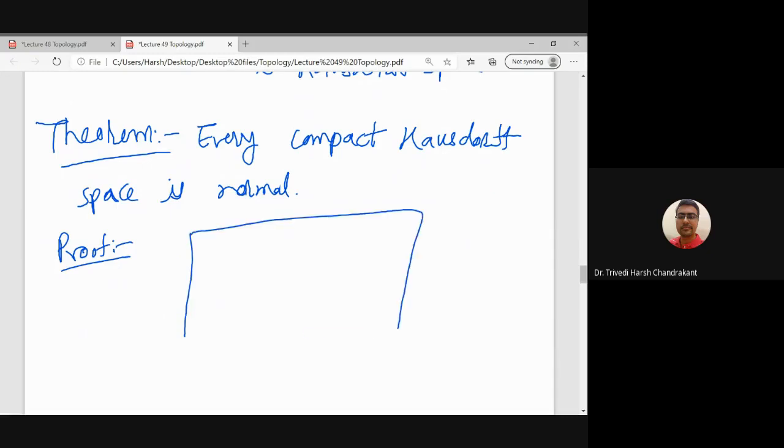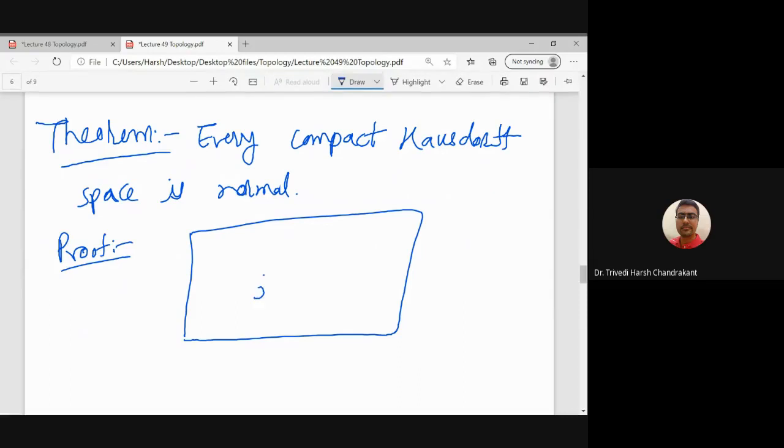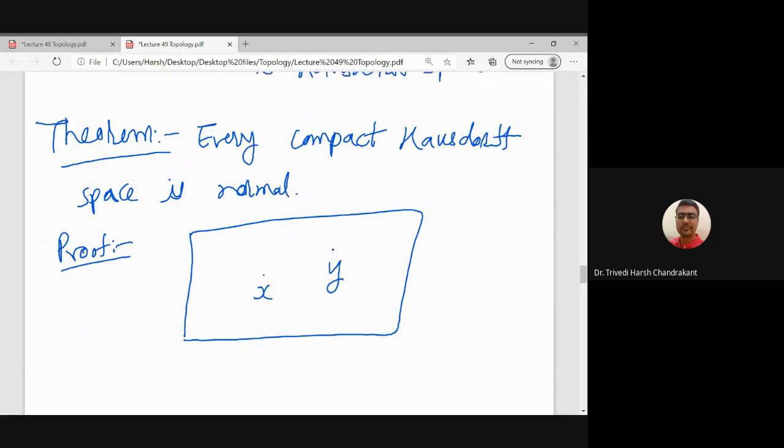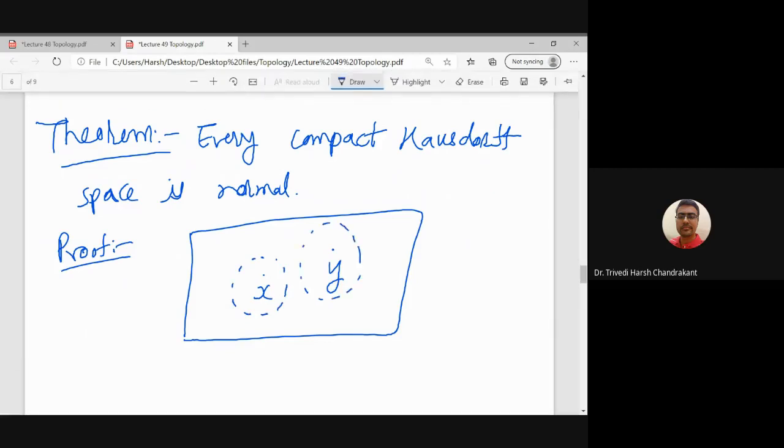Because whenever we have a point X, and whenever I take a point Y which is different from X, then I can always have two open sets.